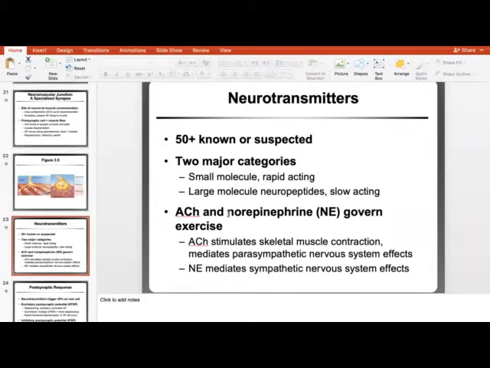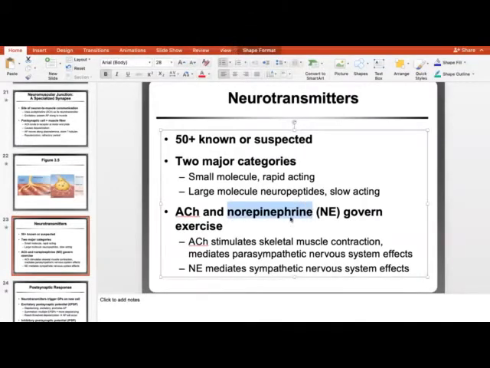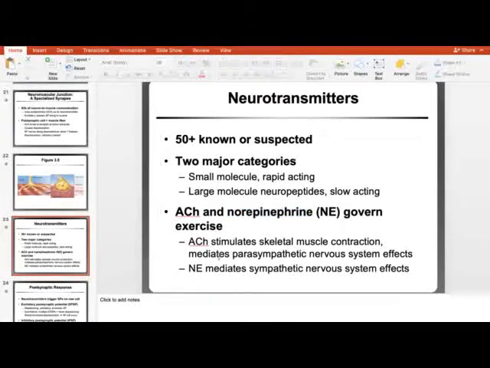So adrenaline is a hormone, and that hormone is used to alter sympathetic nervous system effects. So sympathetic, remember, it doesn't have the P. Sympathetic is to increase heart rate. That's the fight or flight one. So now not only do you have acetylcholine, which is a neuromuscular transmitter, but you also have a hormone.